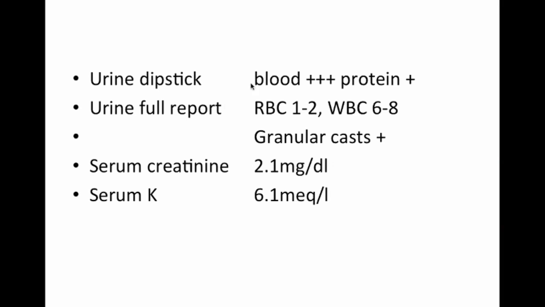Here the dipstick was strongly positive because there was myoglobinuria, but hardly any red cells. So this is another clue to diagnose myoglobinuria or hemoglobinuria: a very positive dipstick blood, but when you look at the urine, there are no red cells.